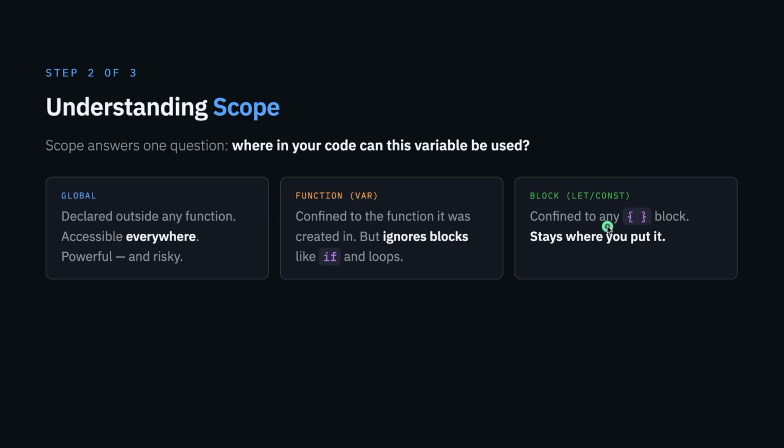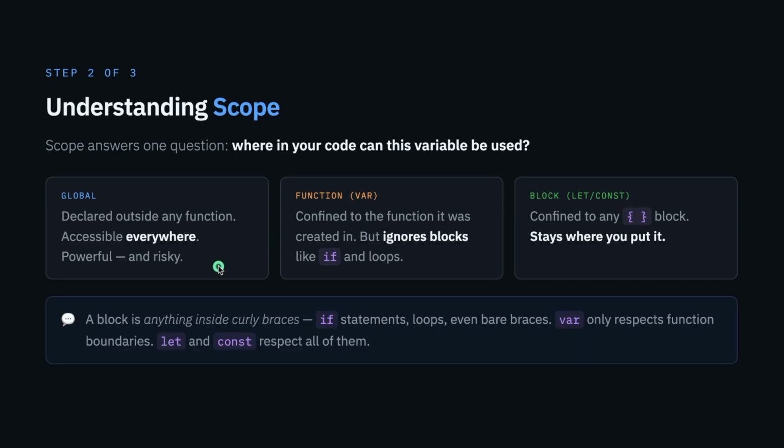A block of code is anything confined within curly braces, so it could be if statements, loops, or even empty braces. Var only respects function boundaries, but let and const respect all other boundaries like if blocks, loops, and, as we have discussed, empty blocks as well.